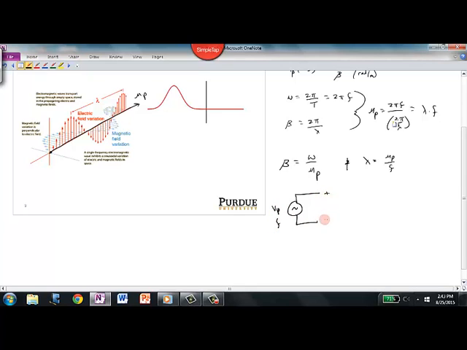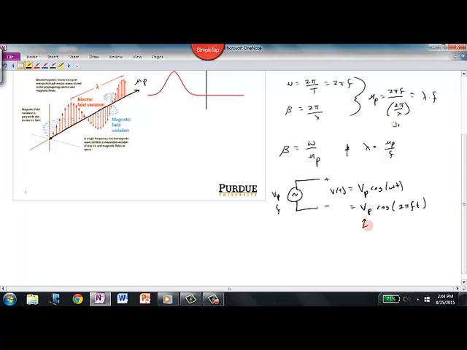So if you were to measure this, for example, you would have V of t is equal to whatever that peak value is, cosine of omega t, which by substitution of variables gives us Vp cosine 2 pi f t, right? And this is the value you set on the function generator in your lab with your amplitude.